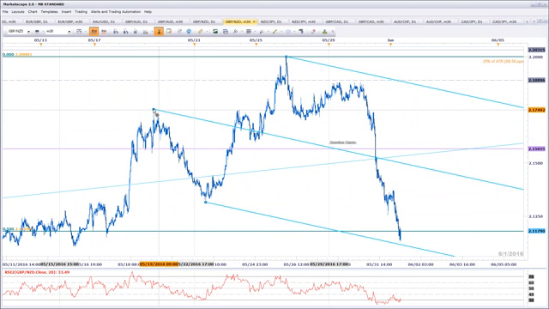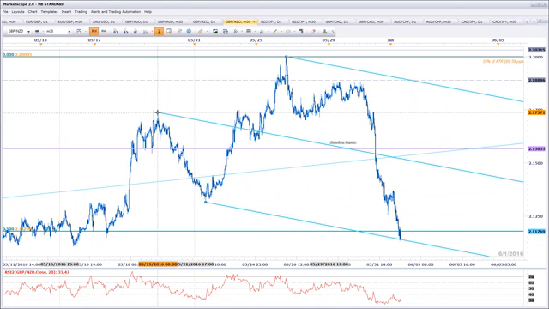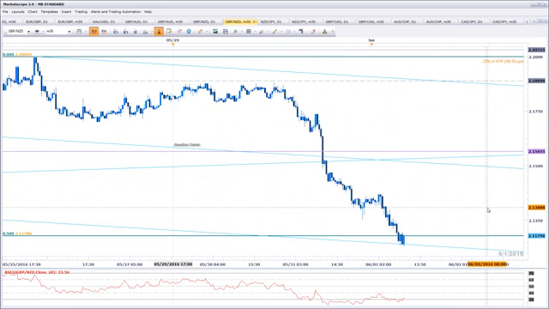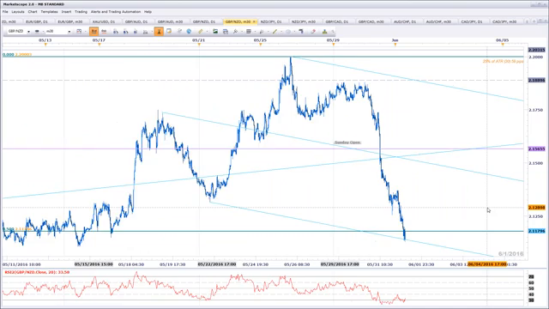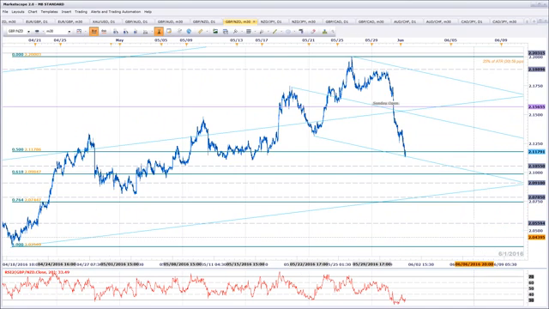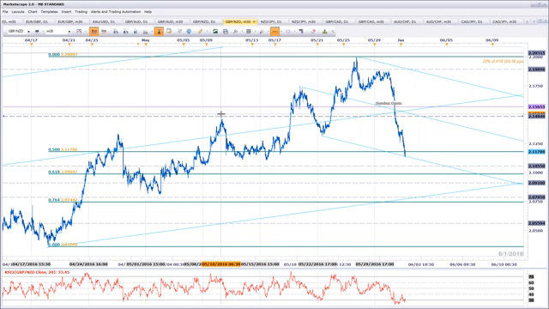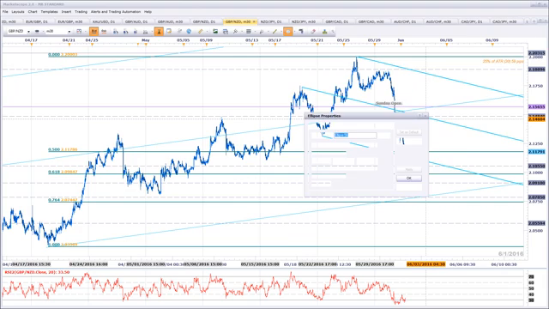In fact, if we take it from that stretch high, it puts you basically at support right now. Near-term bearish invalidation.